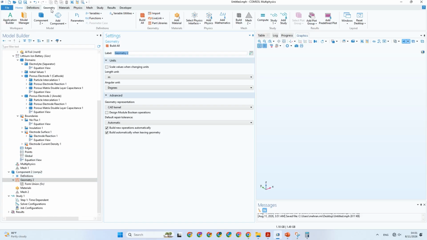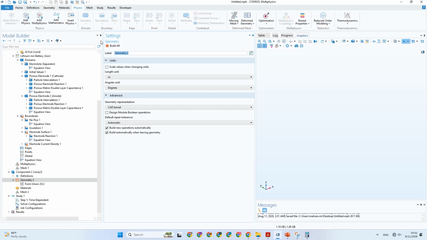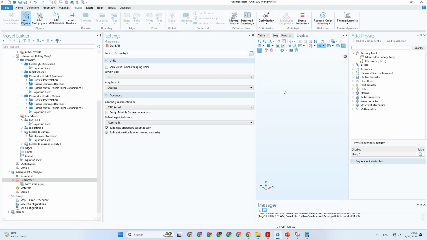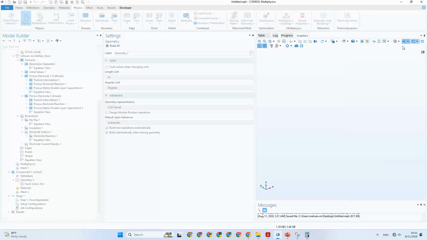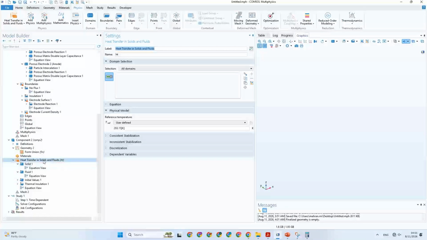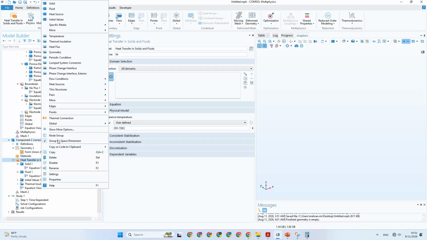For example, I go to physics, I add physics, choose heat transfer. I choose heat transfer in solid and fluid because we have solid and fluid, both of them. I group by a space dimension.